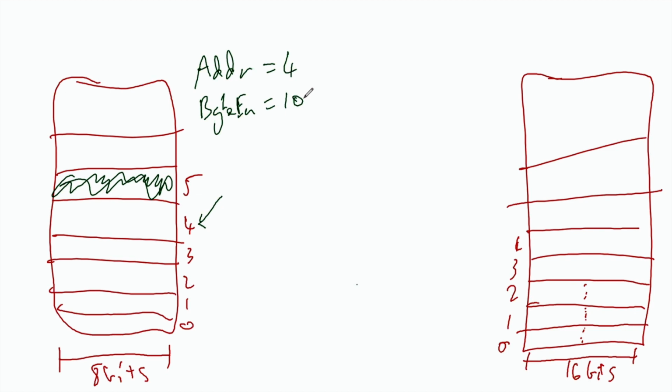Now, this byte here maps to this section here. Yeah? Because this would be byte 0, 1, 2, 3, 4, 5, 4, yeah, and so that would be 5. Yeah. So on the SRAM chip end, this address needs to become this address.